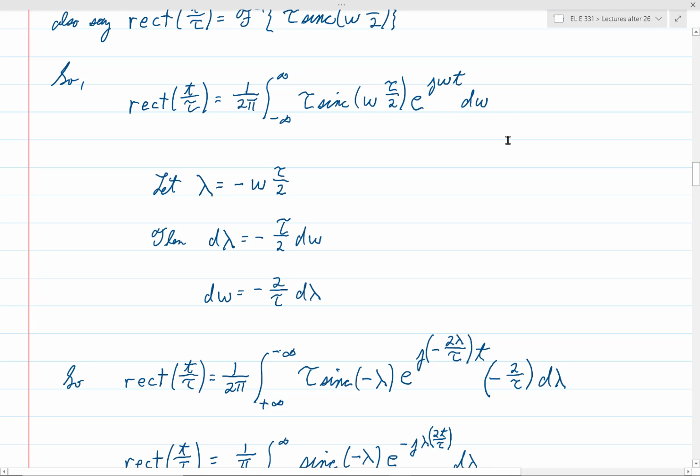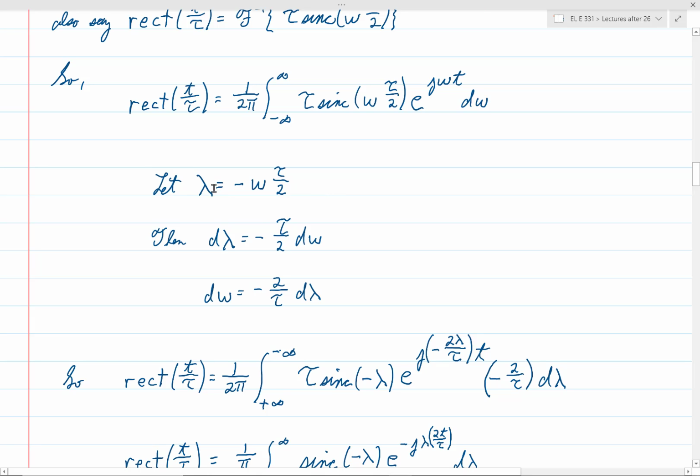So we could call it omega, omega prime, lambda, or anything we want. I'm going to introduce a new variable of integration, lambda, which is equal to minus omega times tau over 2. And I'm assuming here, by the way, that tau is a positive number.